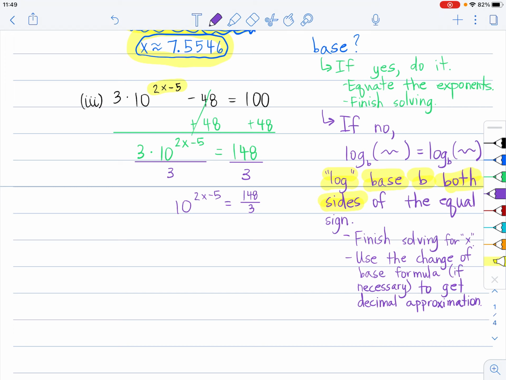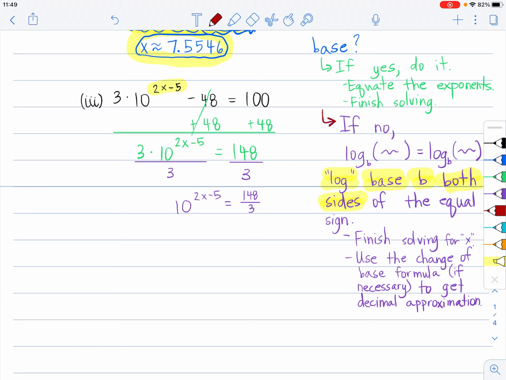Next, I am asking myself, can I write both sides in the same base? 10 is my base, and 148 divided by 3, I don't think is a base 10 guy. And so if I can't write both sides in the same base, then I log base b both sides.